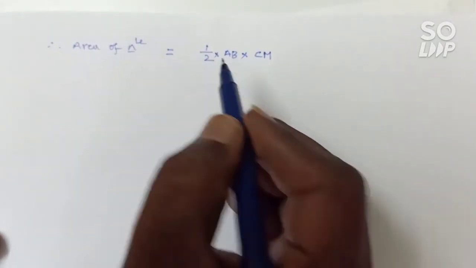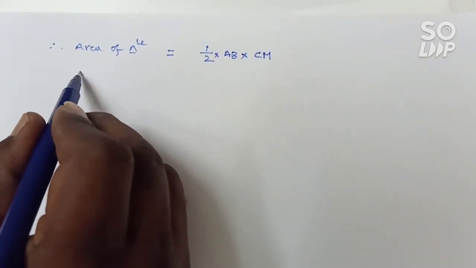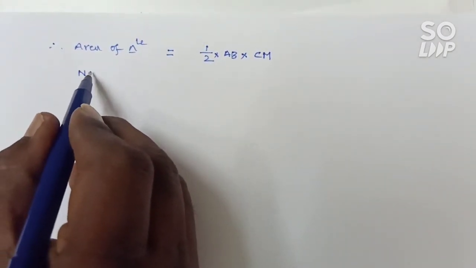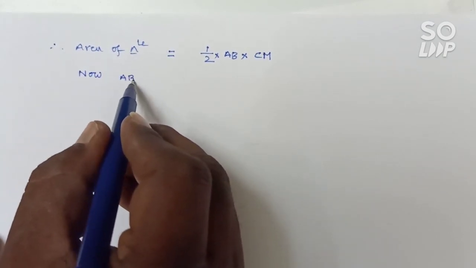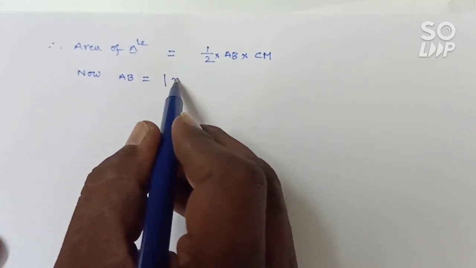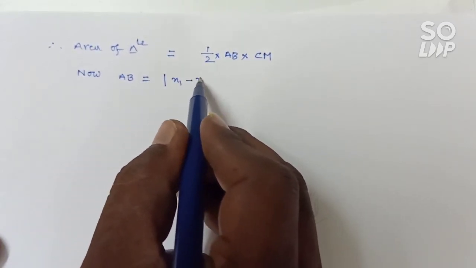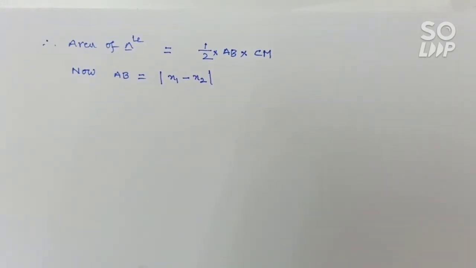Now here you first find out the AB length. See, now AB is equal to, this one we can write as modulus of x1 minus x2 or x2 minus x1.